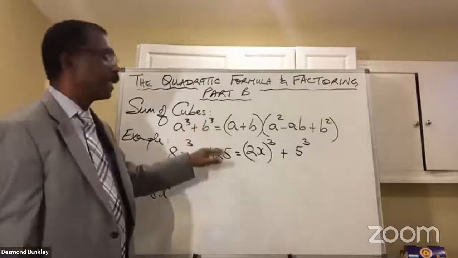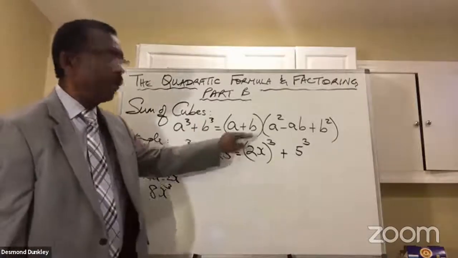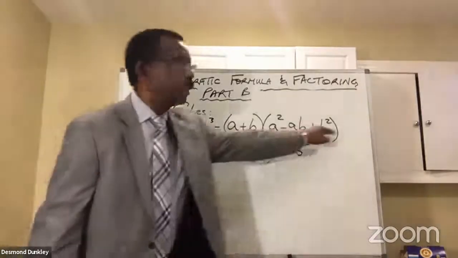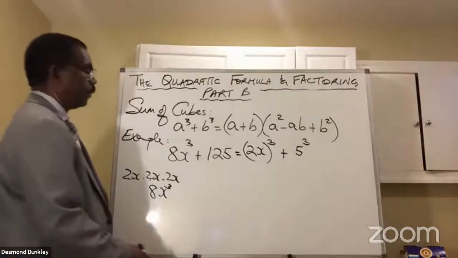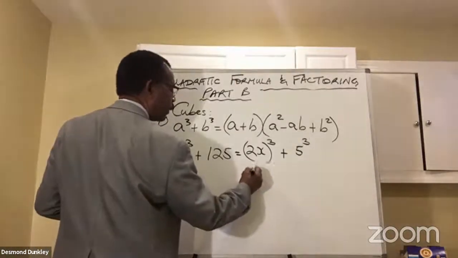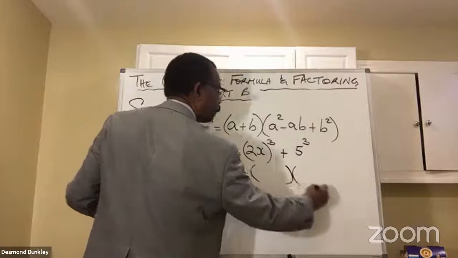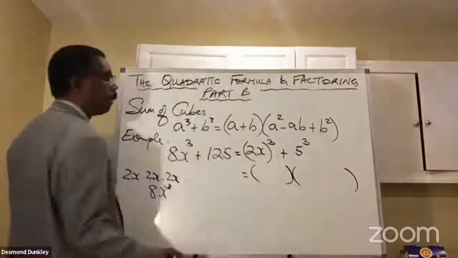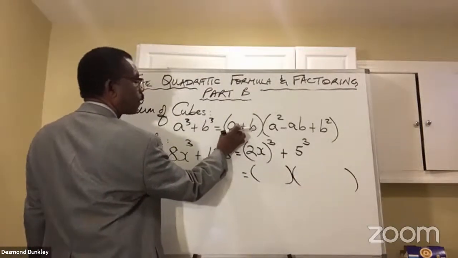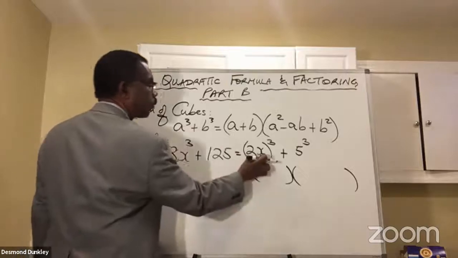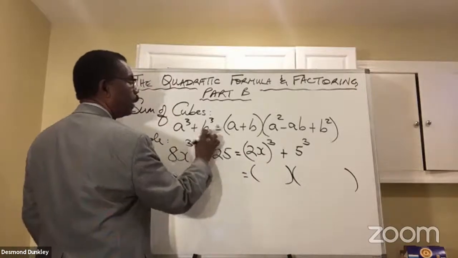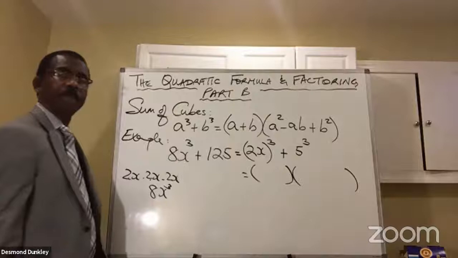So the factorization of this is going to be a binomial times a trinomial. So in this case, this time our A, our first part, is 2x, and our B is 5.